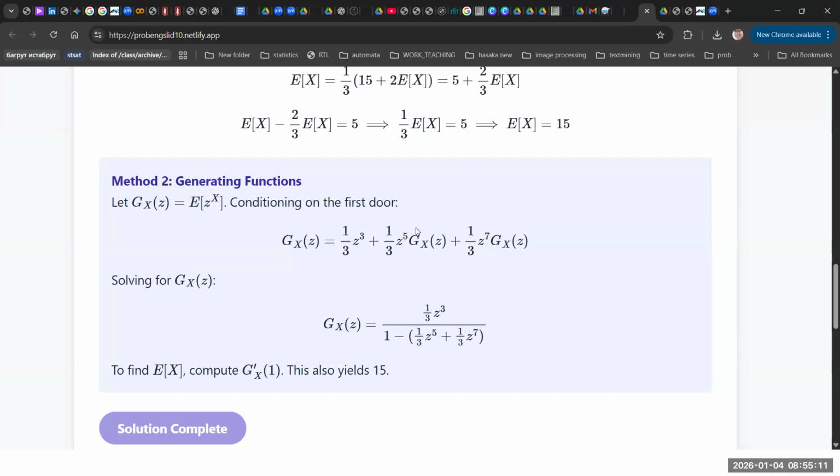So it's also very important. We can find the probability generating function for this random variable, find its first derivative, substitute x equals 1, and we get the expectation, for example. Generating functions, as I said, are very powerful tools.